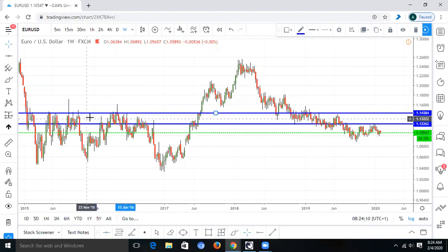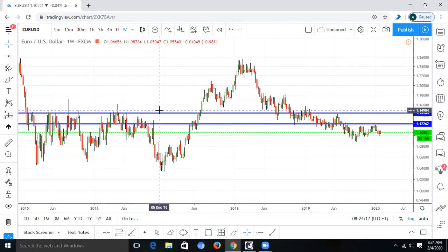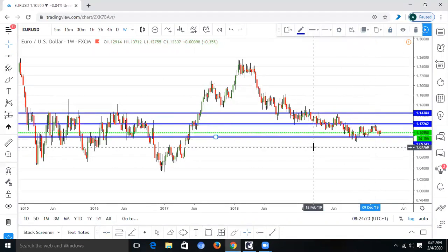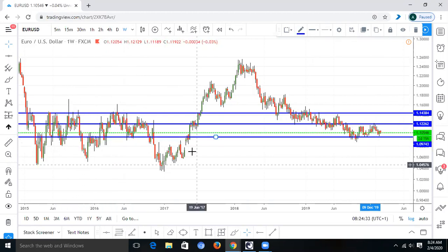This is a touch zone. I'll lock it. Now I'll click again. I suspect all these places are touch zones. Look at all these touches here. It's a zone.